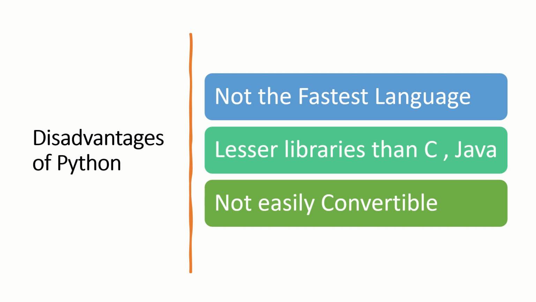Third one, not easily convertible. If I have written a code in Python and I want to convert that code into another programming language, this becomes a disadvantage for us. This is because most of the other programming languages have a structured, strong syntax.